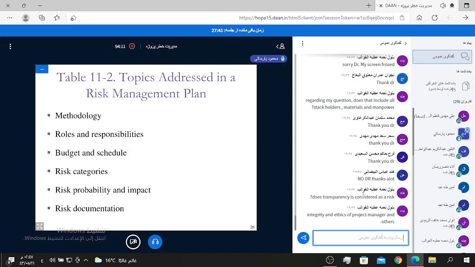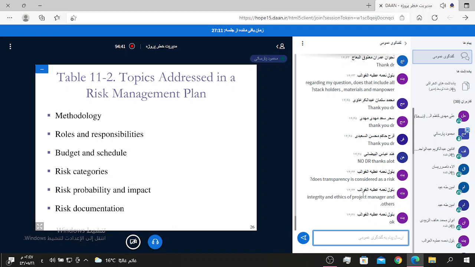It's not a risk. Transparency can be a method for identifying some risks. Transparency about anything. Clearance, discussion about any document, any item in our project can identify some risks. It's a method, not a risk.